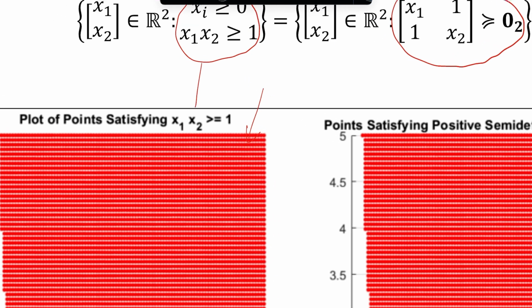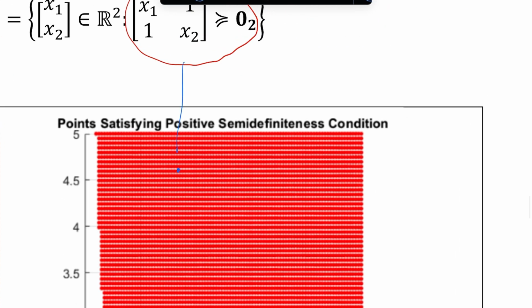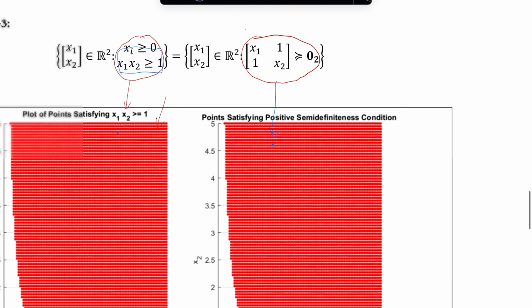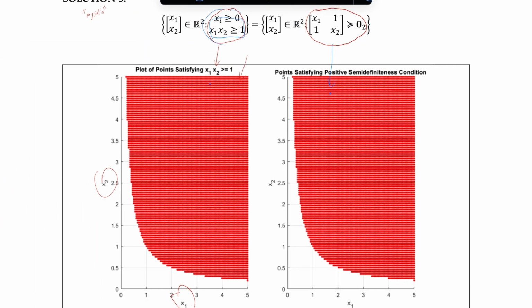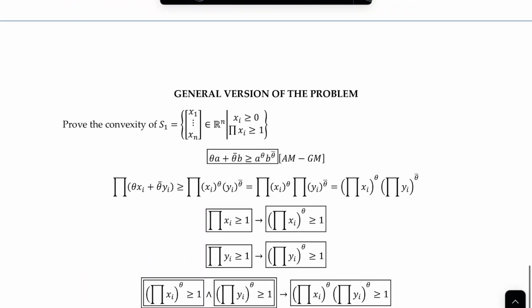I'm looking at the points, and if they satisfy the given constraints, yeah, I put a dot. And here I'm looking at the points and whether they satisfy this condition, to see if these conditions correspond to that condition. Yeah, and this is the MATLAB code that corresponds to that.